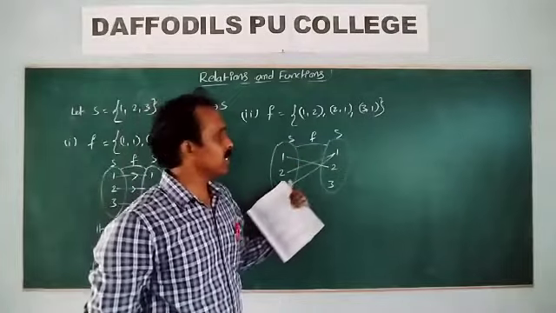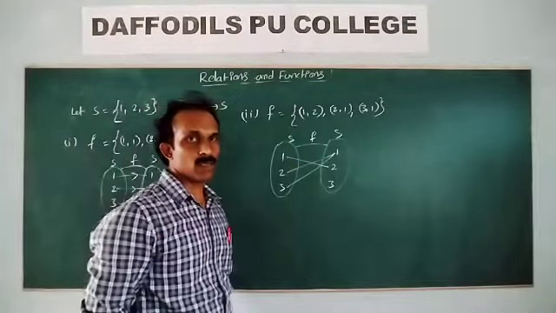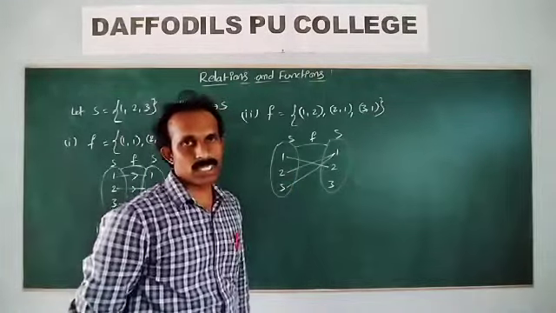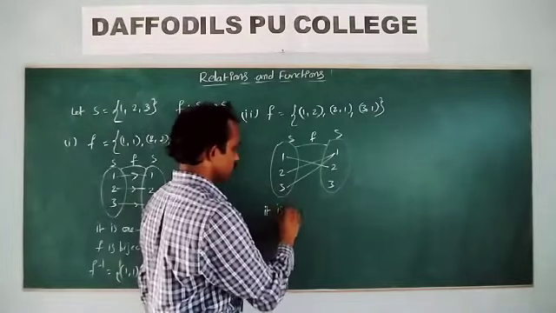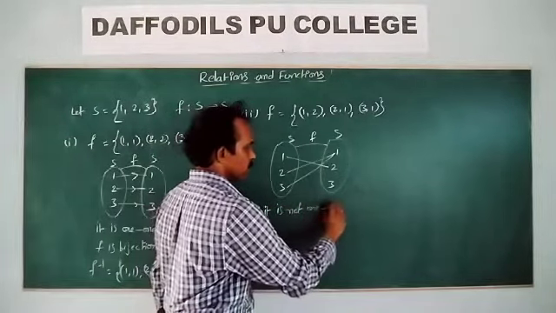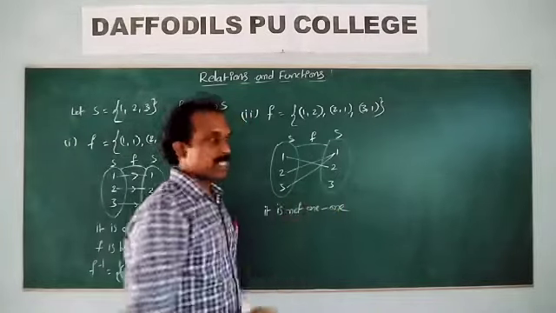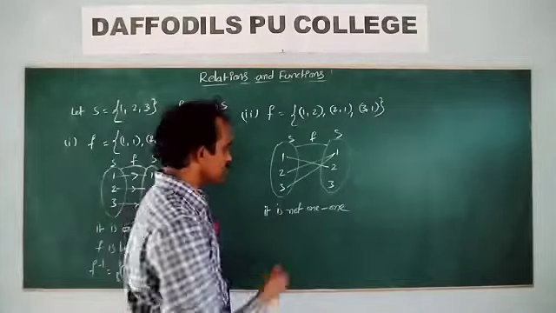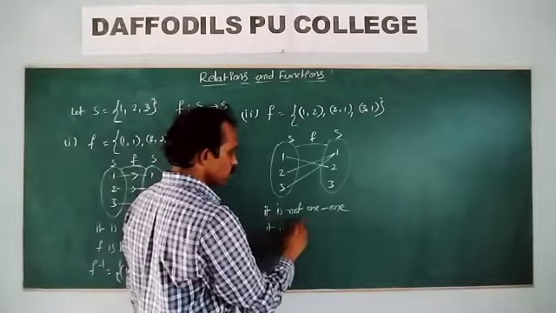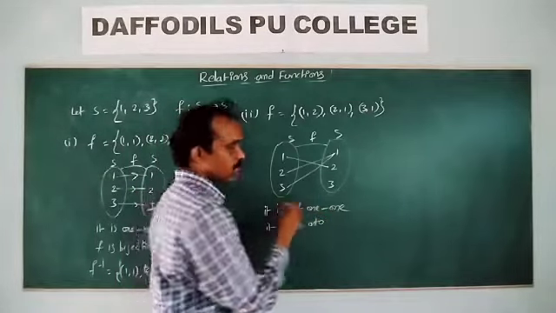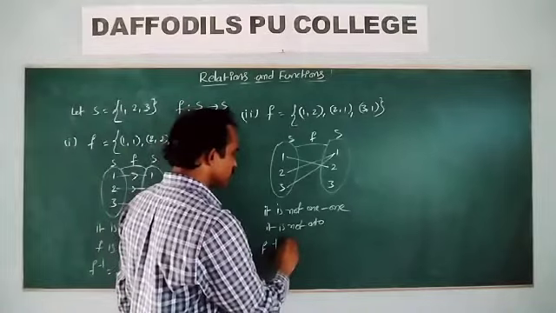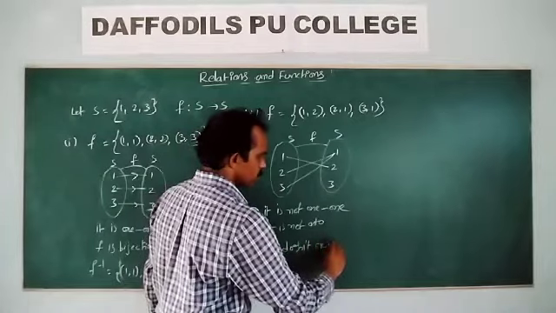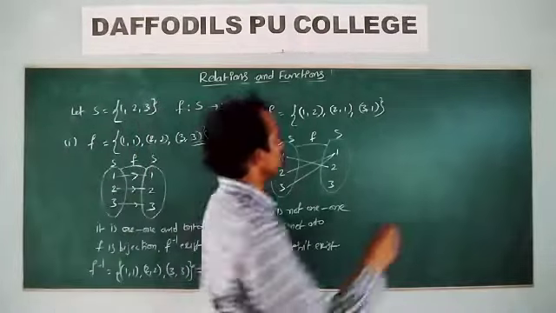Every element of the first set has a unique image, only one image. Right? For 2 and 3 the image is the same, so it is not one-one. And the codomain element 3 has no pre-image. Therefore, it is not onto also. Therefore, F inverse does not exist.